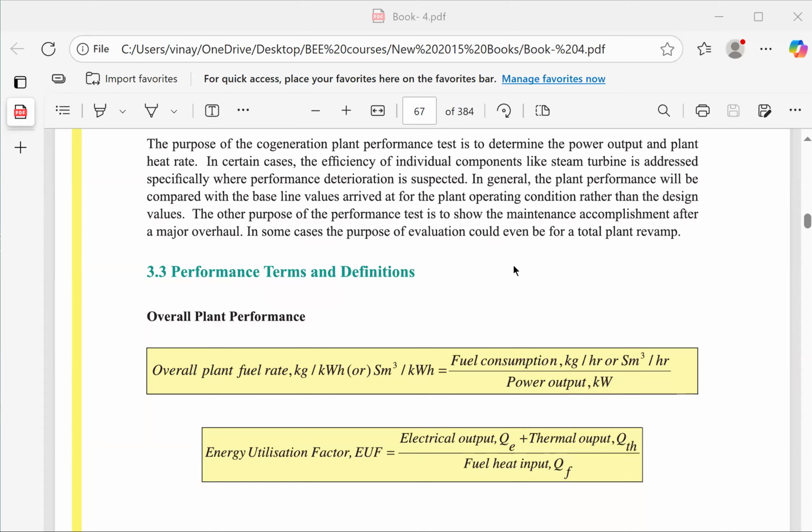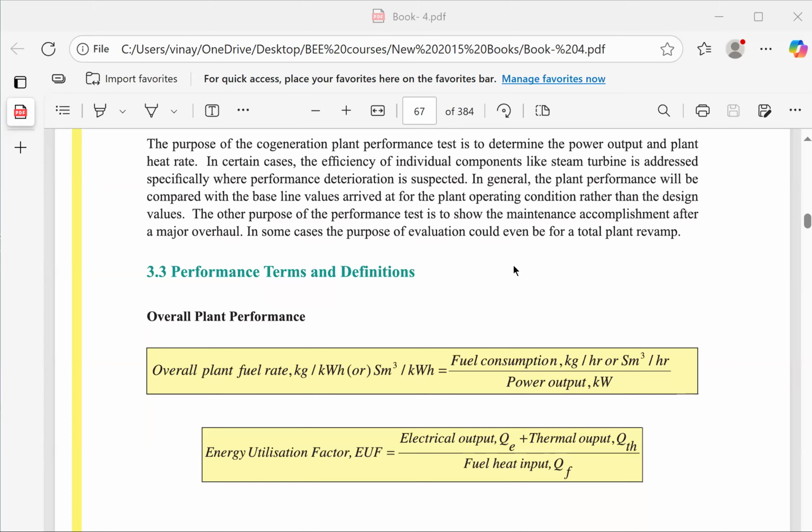A system may be producing electricity, or only steam. When they ask what the fuel rate is, it means how much fuel is required per generated kWh for that particular process. So it is kg per kWh.